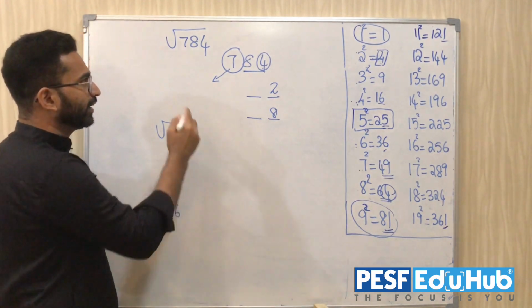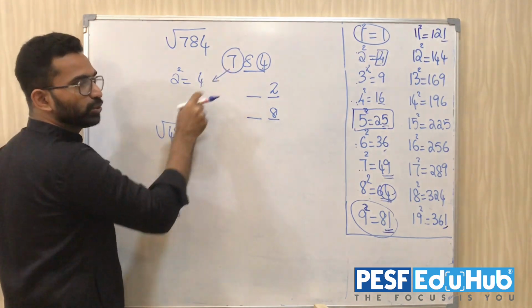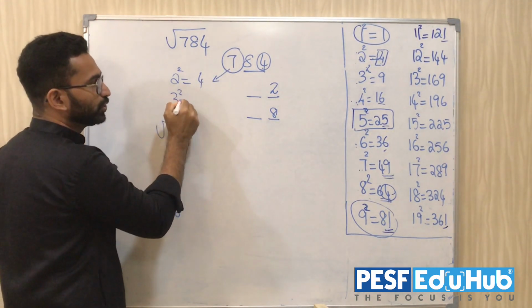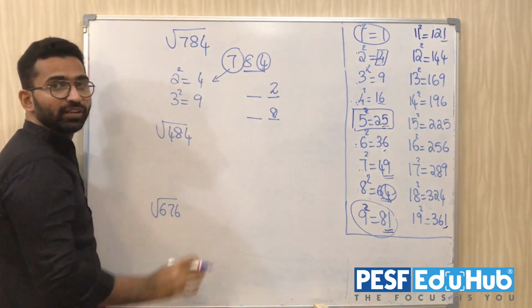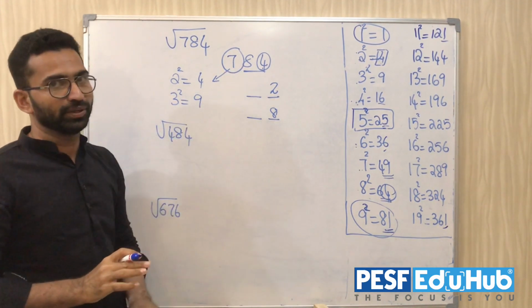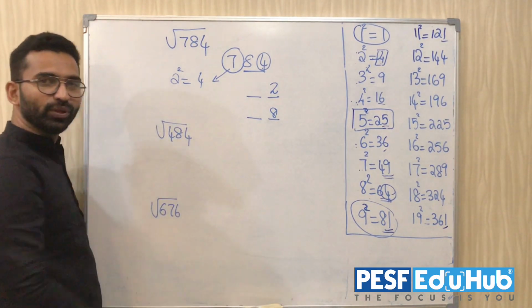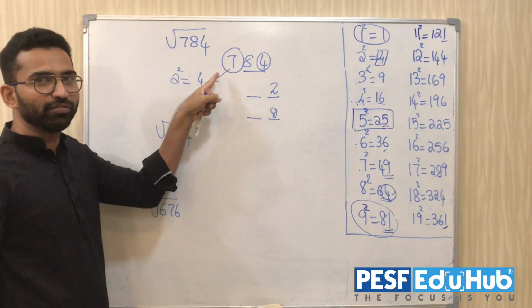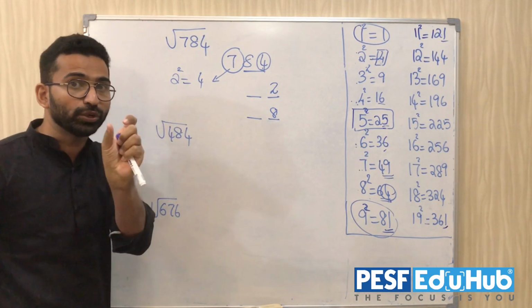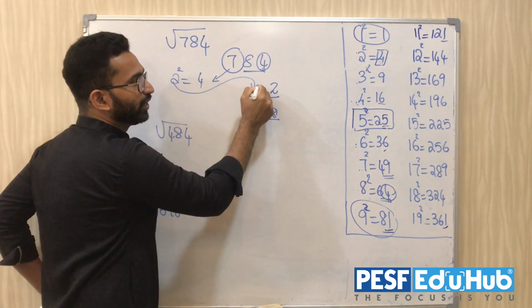I can say 2 square equals 4. This is closer to 7, and 3 square is equal to 9. This is also close to 7, but we are not supposed to consider a number which is more than the given number. It means I am not supposed to consider 3 here. So what is the perfect square value? It is 4. And what is the square root of that 4? It is 2. It means this 2 will come here.